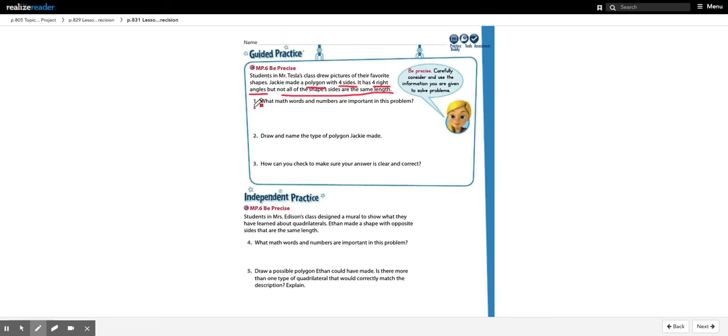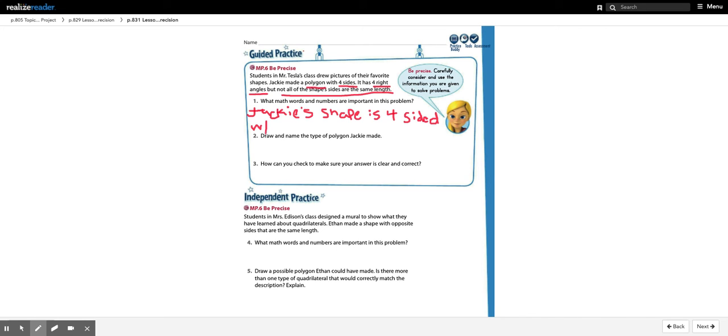So if you're thinking that we should be writing that Jackie's shape is what? That's right, 4-sided. With how many angles? Good.